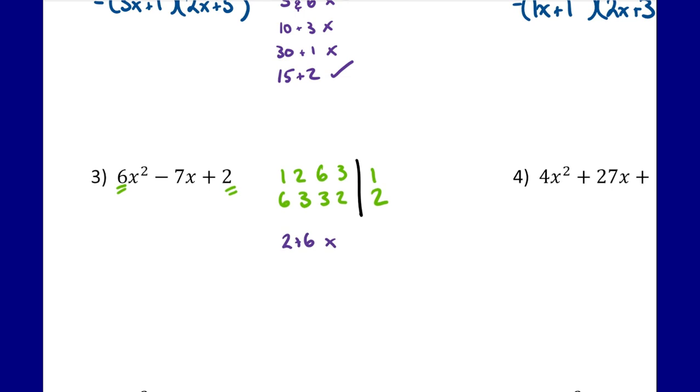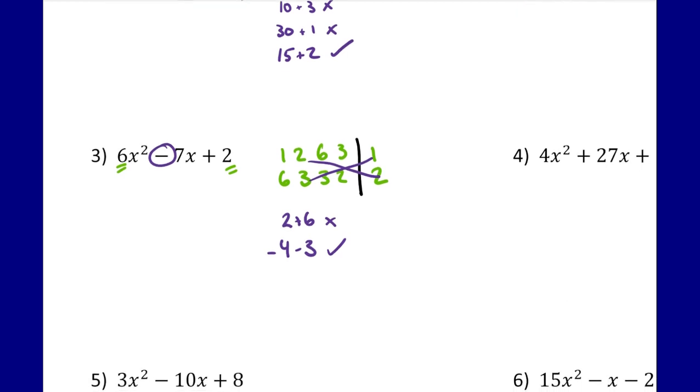We move over one each. So 2 times 2, 3 times 1. So we get 4 and 3. Well, that does work if they're negative, and because we have this negative here, that's fine. So negative 4 minus 3, that does work. Even if we were to do negative 2 and negative 6 up top, that wouldn't work, so we'll leave it.